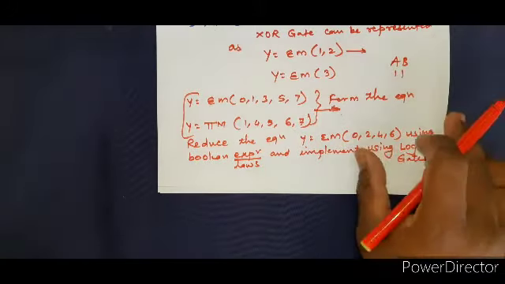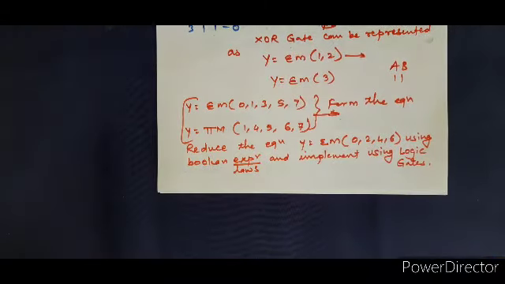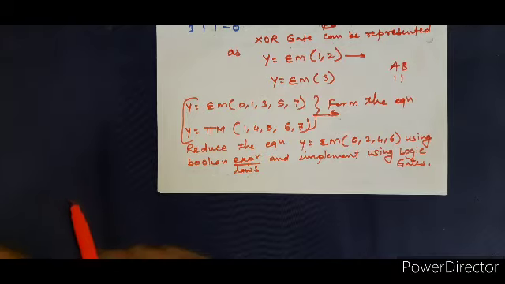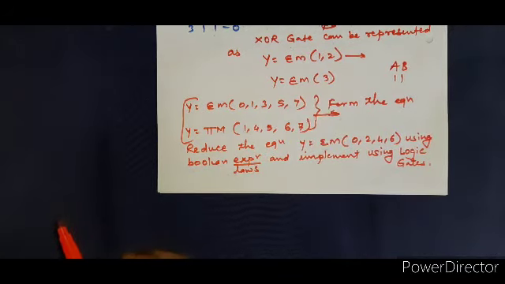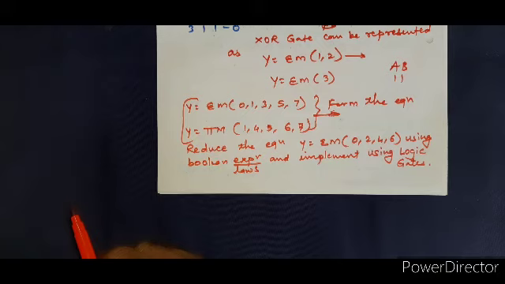In the next lecture we will see how we can write the SOP form equation and POS form equation from the truth table. If you are given only a truth table and asked to find the logical expression, you can write it in the form of SOP or POS, and then we can prove the equivalence of SOP and POS.